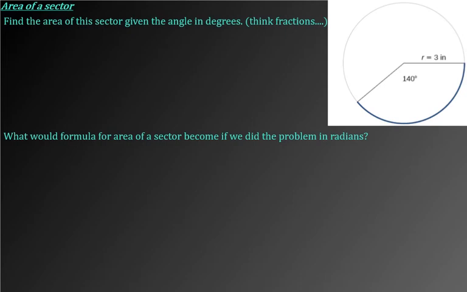Area of a sector is a pretty intuitive formula. We know that the area of a circle is just pi r squared, right? But if we're talking about this sector of the circle, then we basically have a fractional amount of that full 360. So the fractional amount is, in this problem, of course, 140 over 360. That's the general template for area of a sector.